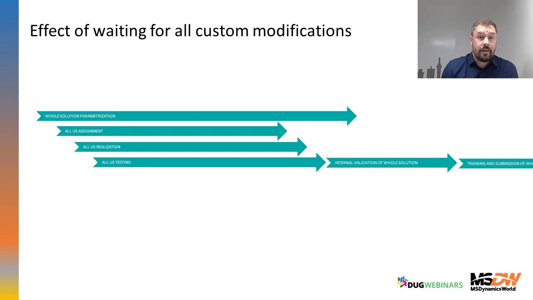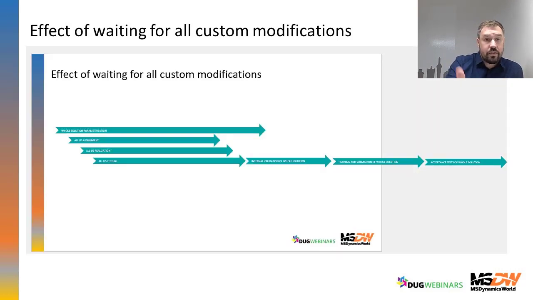And in this method or type of planning, you can simply mathematically see how long the project could be, because at the beginning you have to assign all developers to start to make all custom modifications. Doesn't matter which priority, doesn't matter which process.